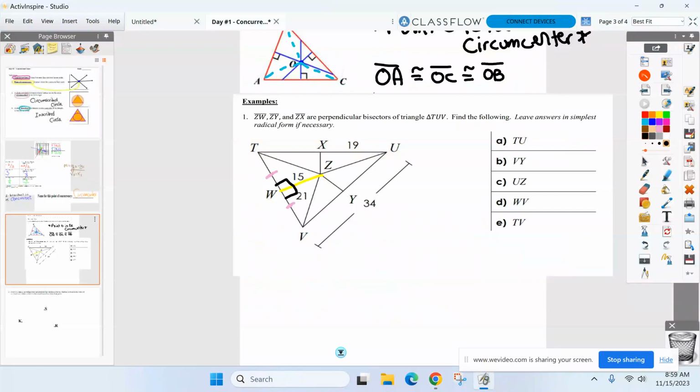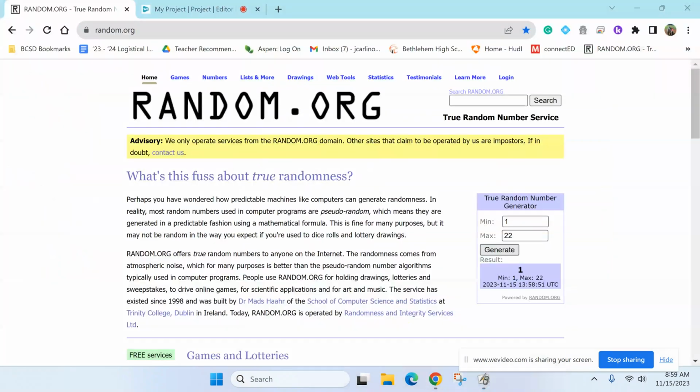Grab a second color. ZY is a perpendicular bisector. Highlight it, and mark it now. Let me know what markings you're putting on your diagram.